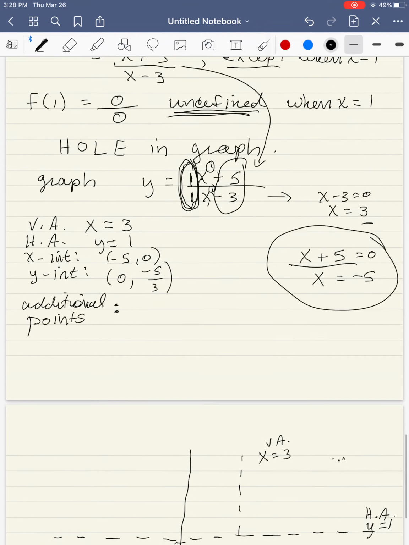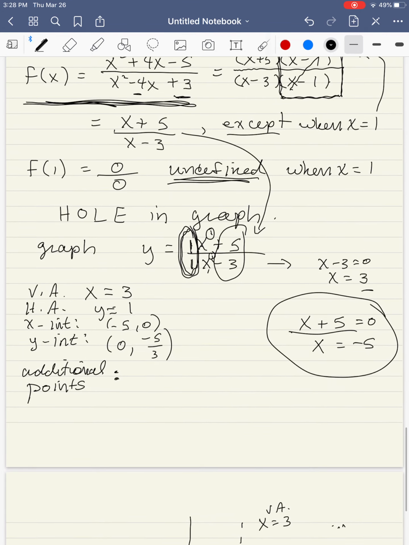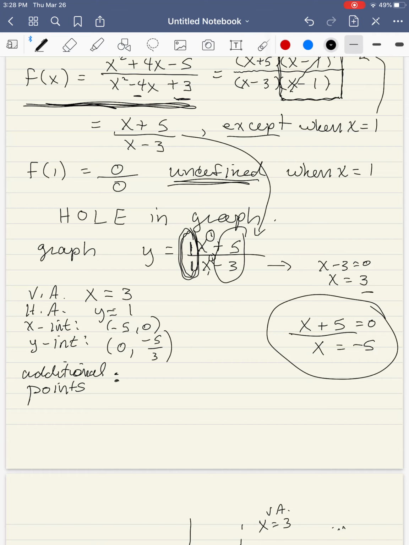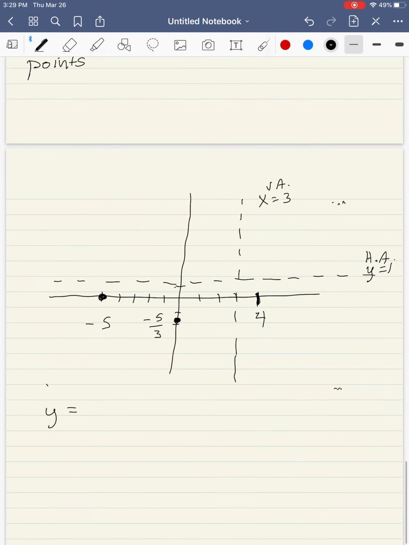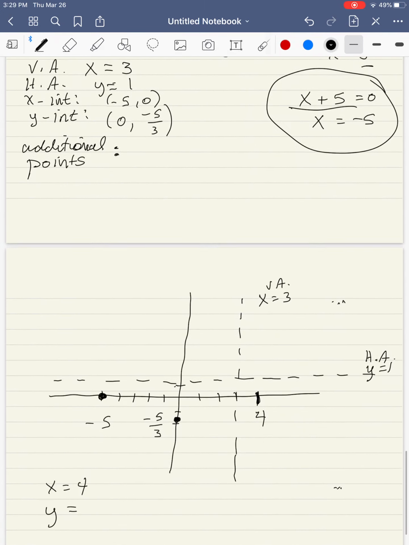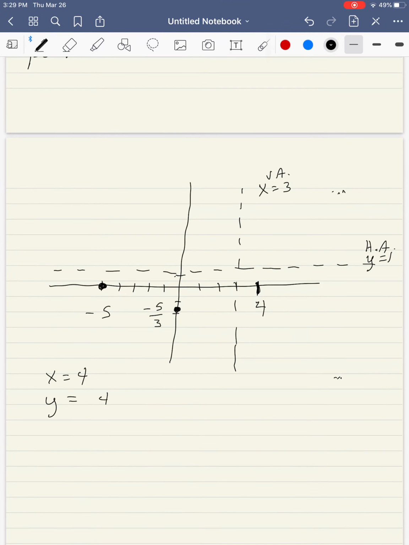So when I find that, remember we're plugging back into this graph, the one it looks like everywhere except at x equals 1. So since x equals 4, we can plug back into that, and we have 9 over 1, which is 9, so we have the ordered pair 4, 9.